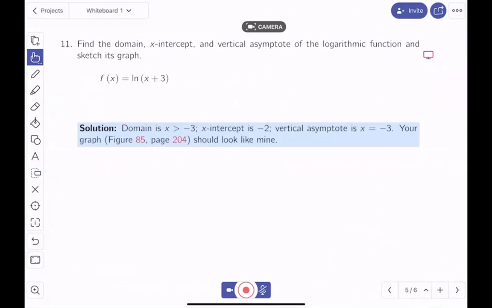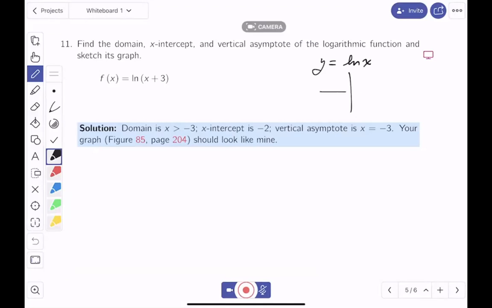But one thing I know is this is a log function, and when I say log, it's a natural log function. I know what they look like. I'm going to start off saying y looks like the parent, which would be the natural log of x. If I were to graph that, the parent function would look like this over here.